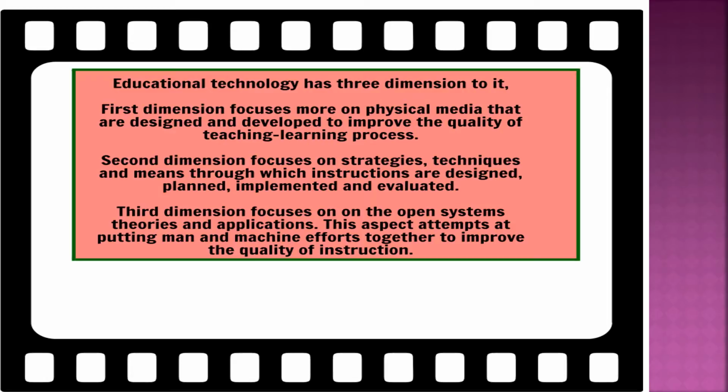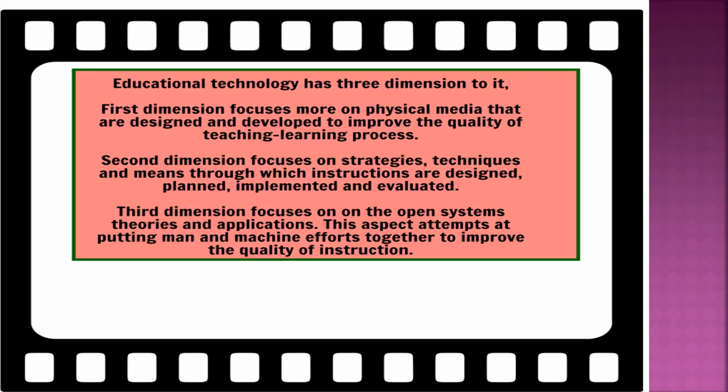Now, after looking at technology in education and technology of education, bringing them together helps us to see educational technology in different dimensions. For the sake of this model, we're going to be looking at it in three dimensions.